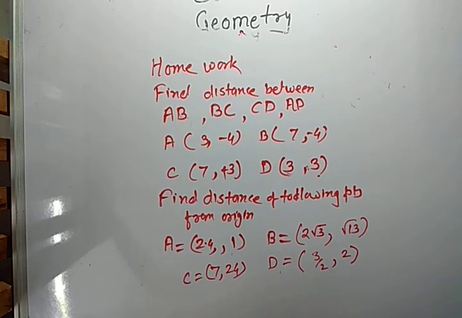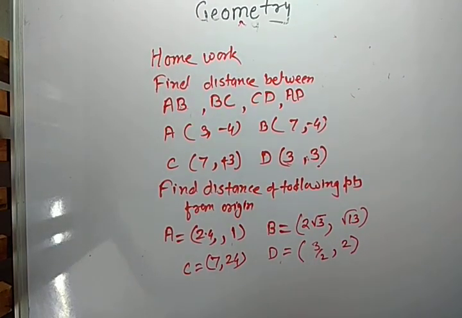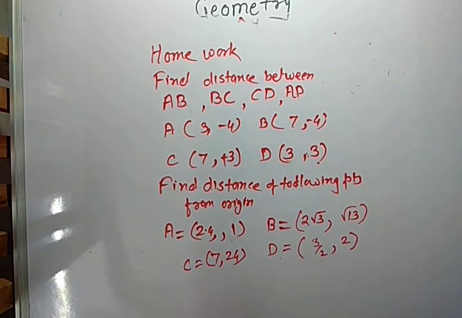These are some examples for homework. Find distance between AB, BC, CD and AD, where A is equal to 3, minus 4, B is equal to 7, minus 4, C is equal to 7, 3 and D is 3, 3. Also find the distance of some points from origin. Shall I change the names?